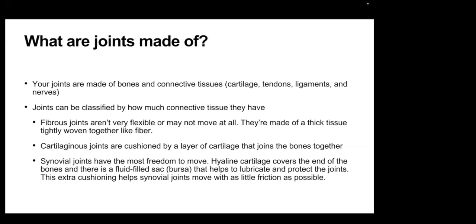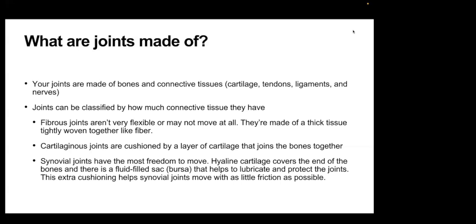But by far the most common, the most well-known, are the synovial joints. Those are the joints that involve moving the arms, like the shoulders, the elbows, all the joints in the fingers, the hips, the knees, the standard joints that people think of, so now we're on the same page.